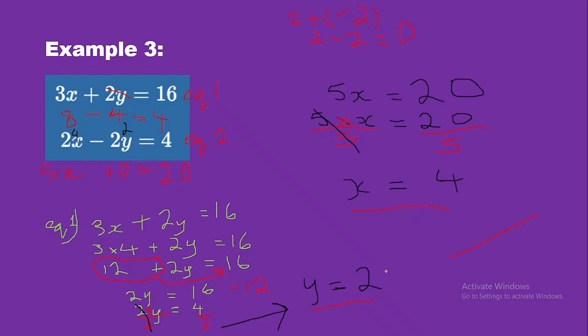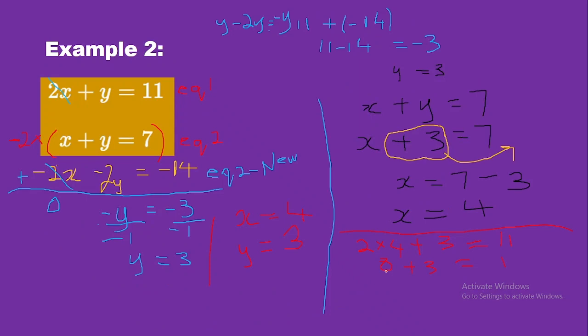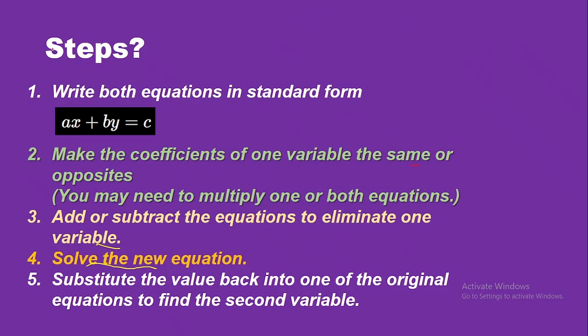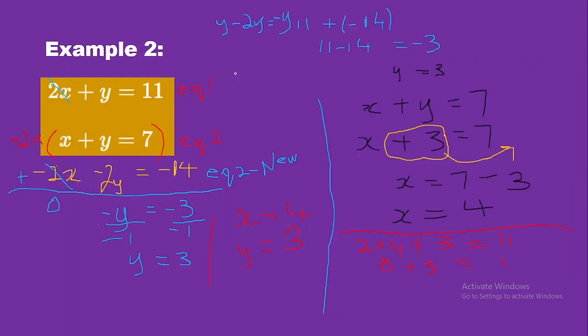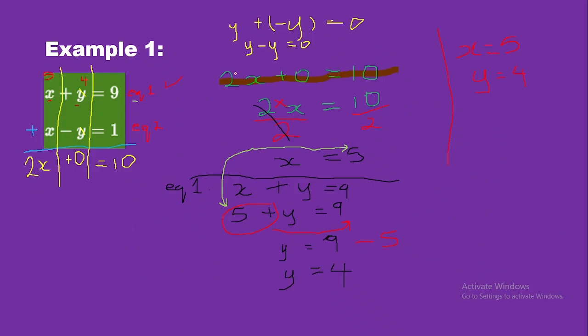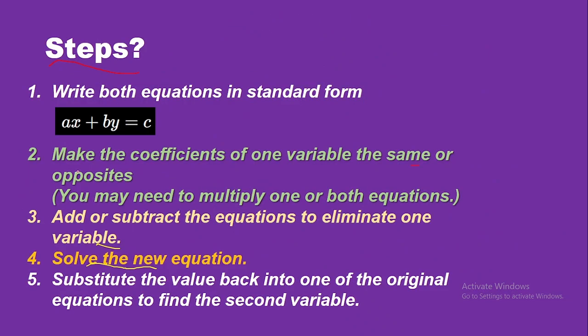So remember, whenever we're solving our simultaneous equations, we can always go back to our steps right here. And just as you see when I approach example 2, you can have a lot of fun with it, because you can always make the coefficients of any one of the variables the same or opposites.